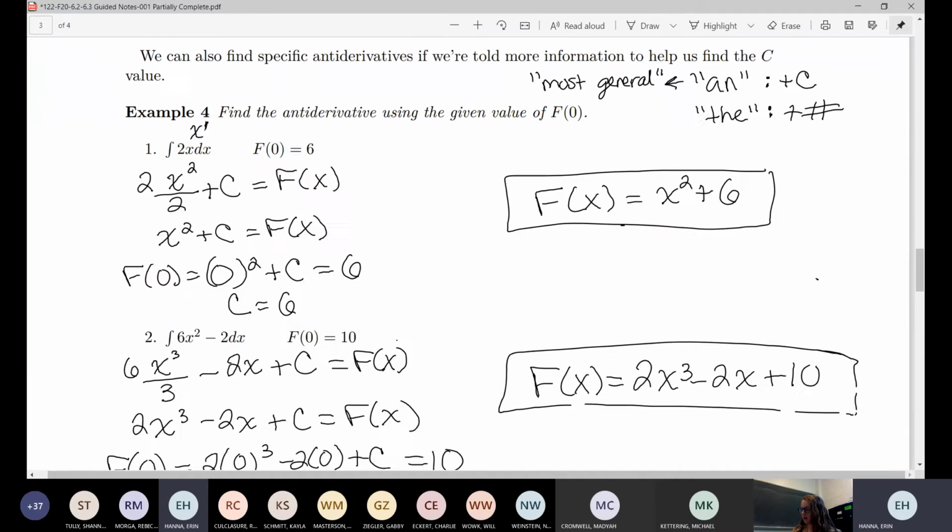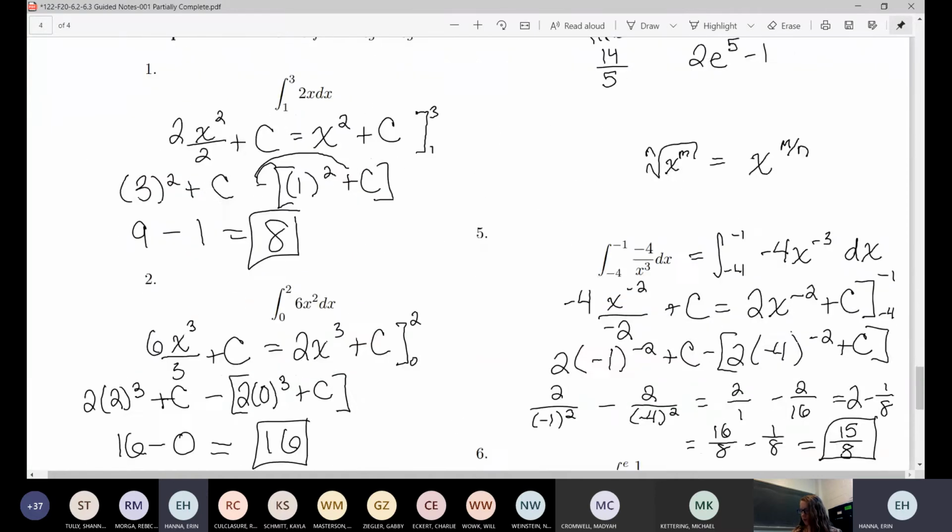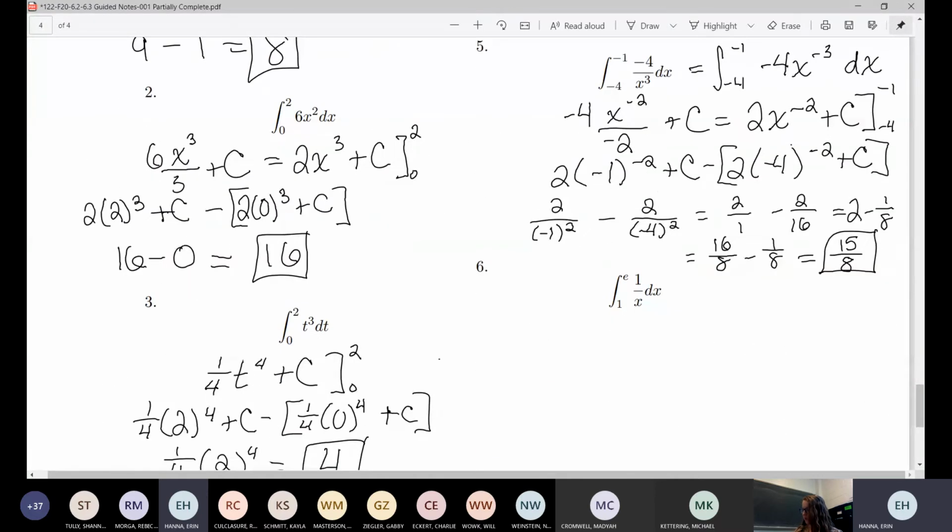Hopefully that made sense. So I suggest always tacking a plus C on whenever you're taking an antiderivative. Questions on that one? I'll wait 5 seconds before I start the next one.